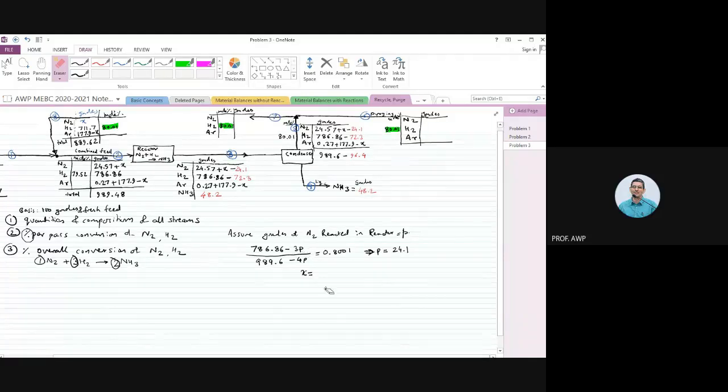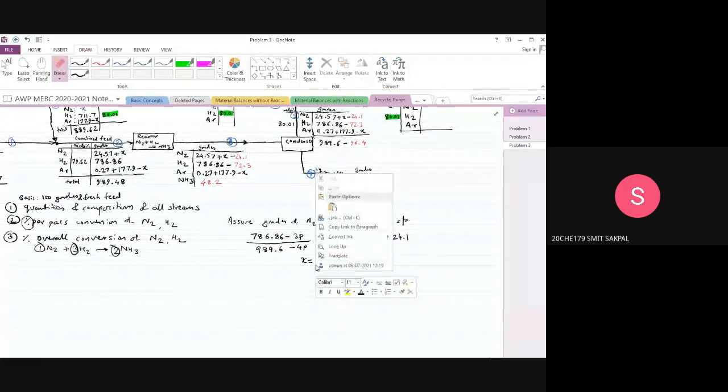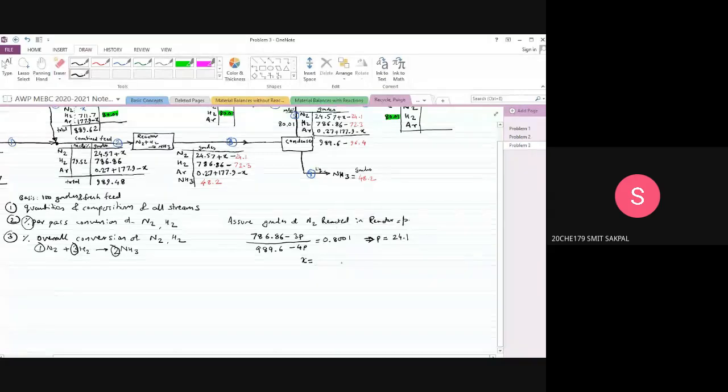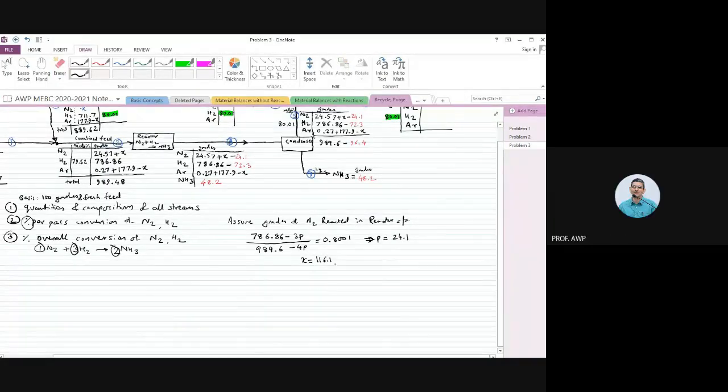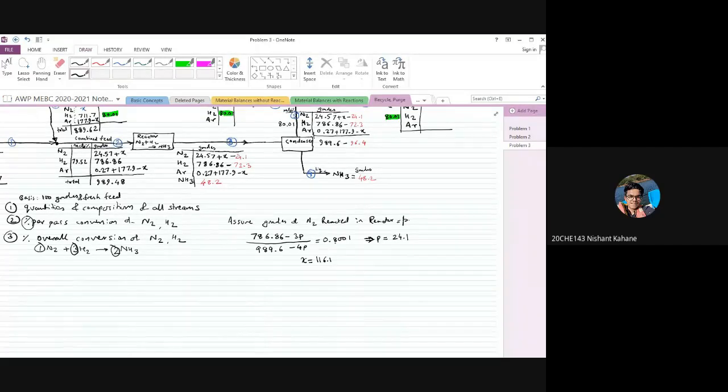Any answer for X, Smith? 116.1. Okay. Anybody else has any other answer? Nishan, what was your answer? I forgot what you told. 102.67. 102, and this is 111.